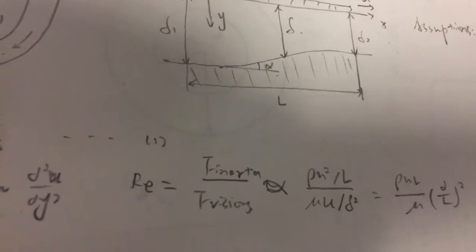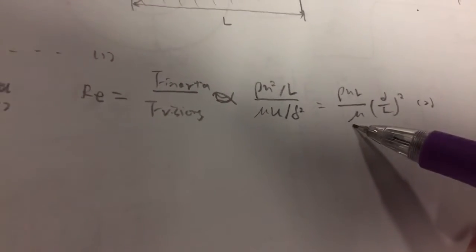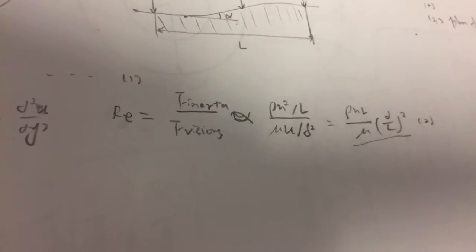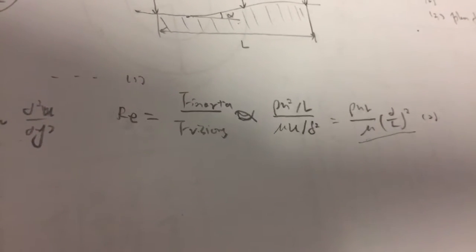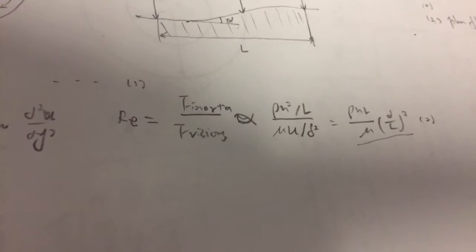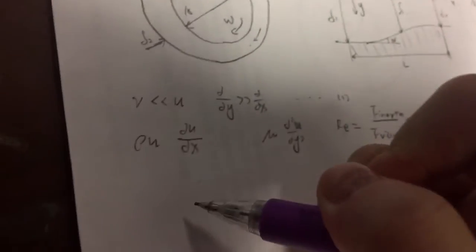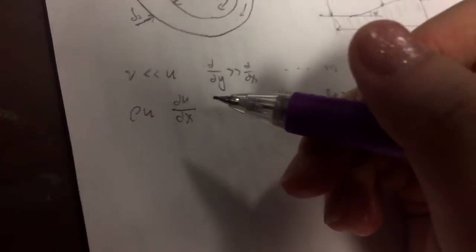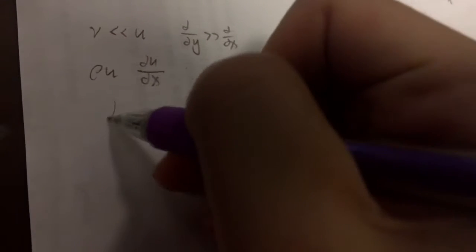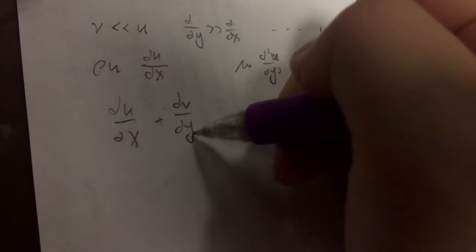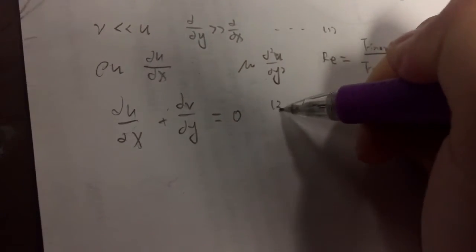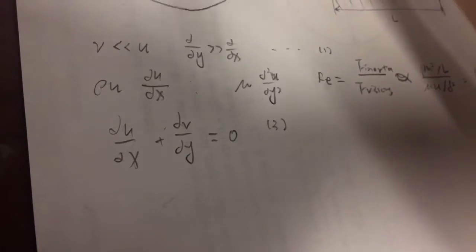If this one is much smaller than 1, then the inertial force can be ignored compared to the viscous force. So the governing equations can be expressed as follows. The continuity equation is this, our equation 3.